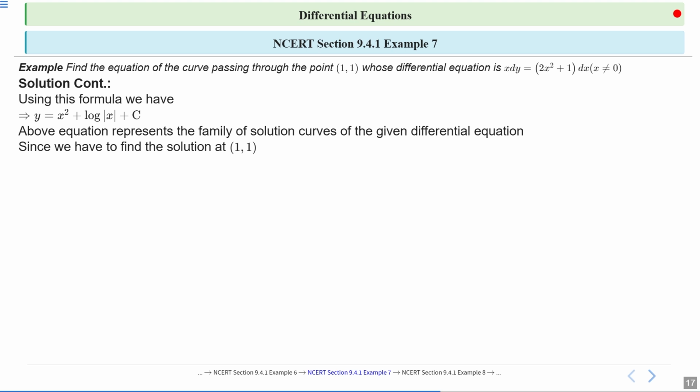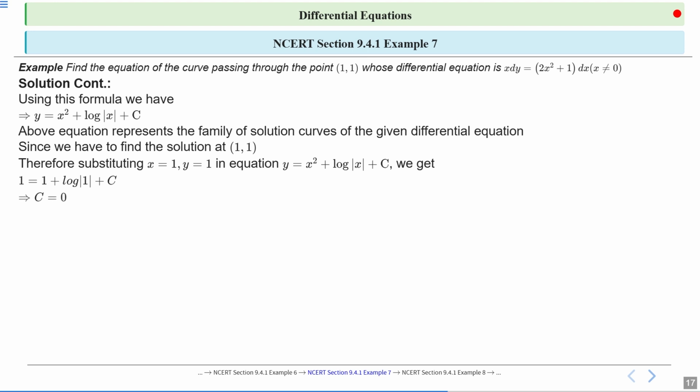So from this family of solution curves, we just have to find the curve which also passes through the point 1, 1. Therefore, just substitute x is equal to 1 and y is equal to 1 in the equation y is equal to x square plus log mod x plus c. As it passes through 1, 1, it satisfies the given equation. So we get 1 is equal to 1 plus log 1 plus c, and the value of log 1 is 0. So we get c is equal to 0.